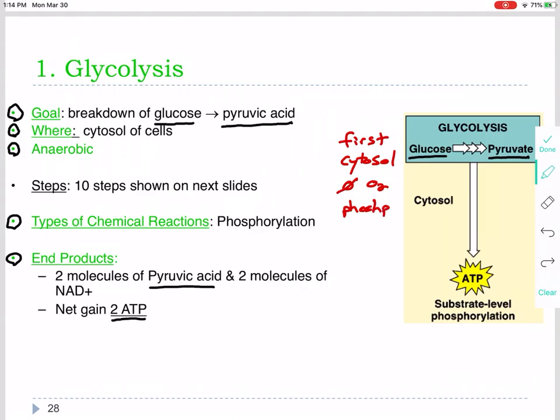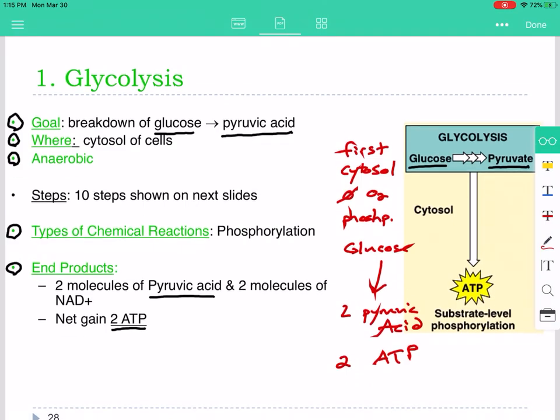I might memorize that the types of chemical reactions involved are phosphorylation. And I may remember that I'm starting with glucose, and I'm ending these chemical reactions with 2 pyruvic acids and 2 ATP.